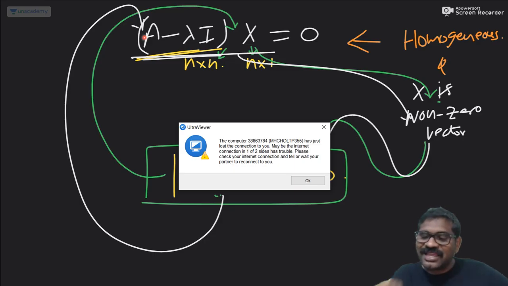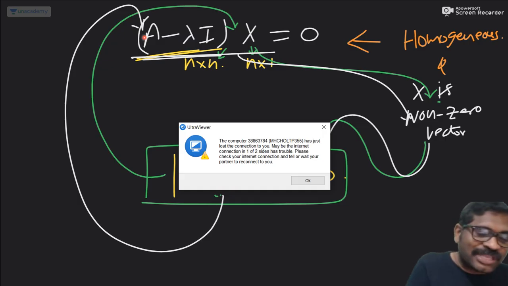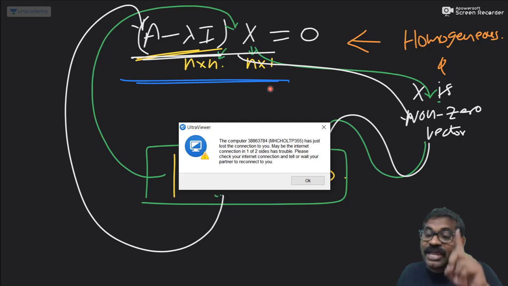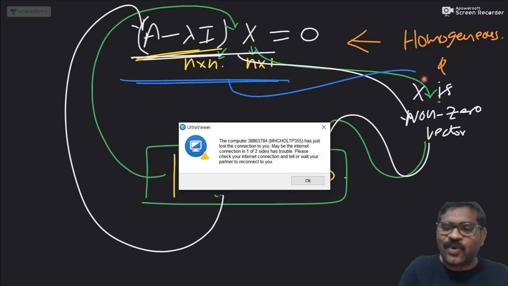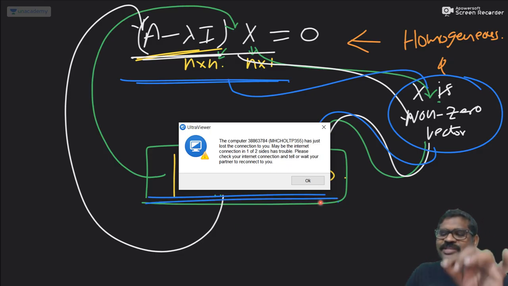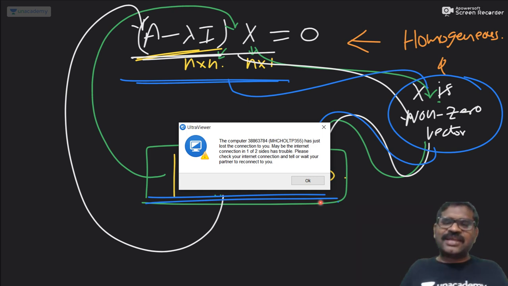That's why, even though your system is homogeneous, in eigenvalue and eigenvector problems you will get only non-trivial solutions. That's why the determinant value of A minus lambda I is always 0. Catch my point? This is the conceptual background about eigenvalues and eigenvectors.